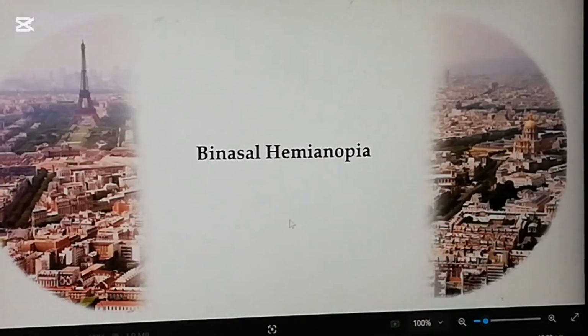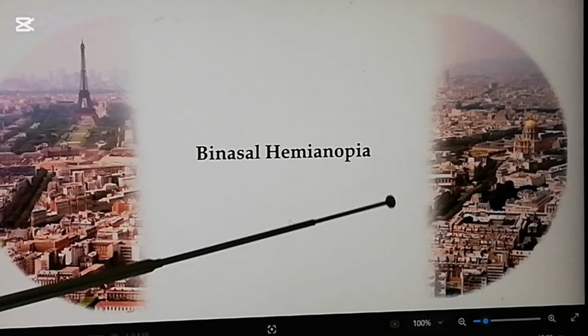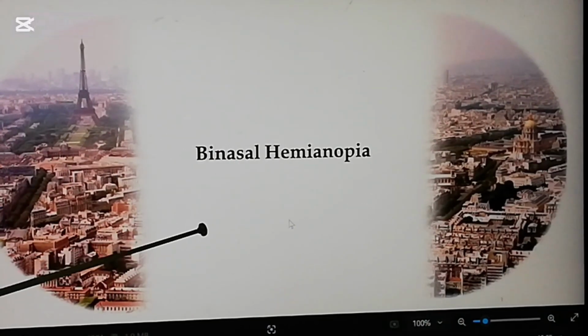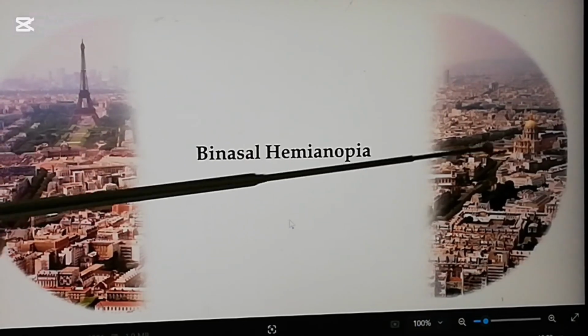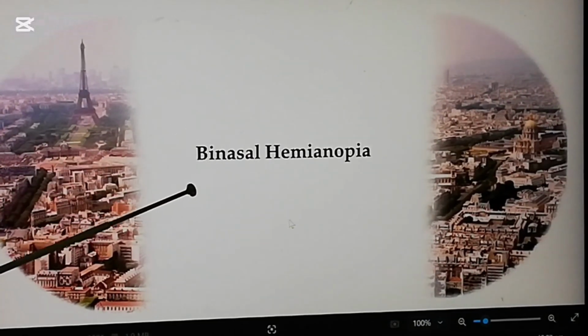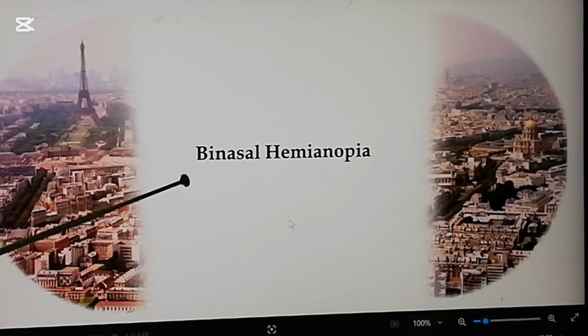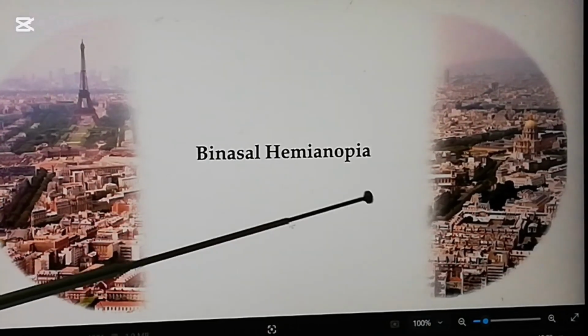Now see the next picture. Again, what do we see? We cannot see anything in the center or in the nasal sides, but of course we can see the structures on both temporal sides. So there is a defect in the nasal visual fields of both eyes, and we label it as binasal hemianopia.